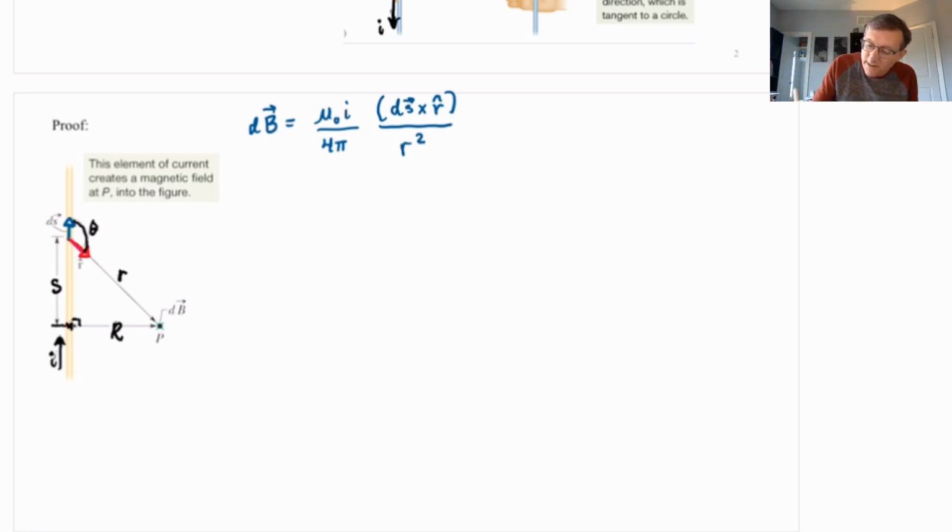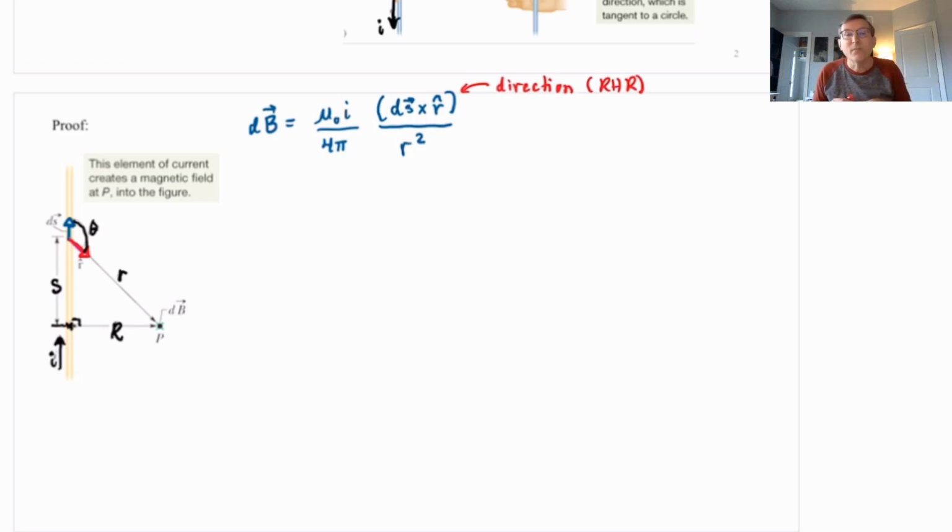And let's get the direction of dB first by getting the direction of that vector product, cross product, from the right-hand rule. Okay? All right, so the direction of dB at point P is perpendicular to the plane of ds and r hat, and ds and r hat are in the plane of the screen, so dB must be perpendicular to the screen. Only two options then, perpendicular and outward towards us, or perpendicular and inward away from us. And it's the right-hand rule that tells us which it is.